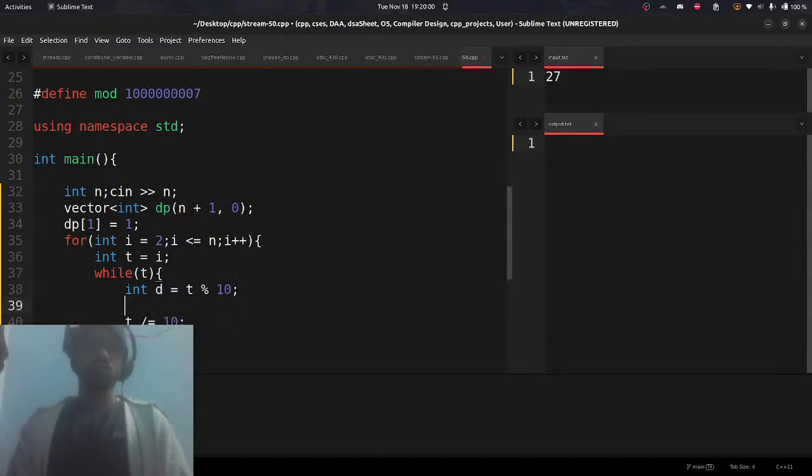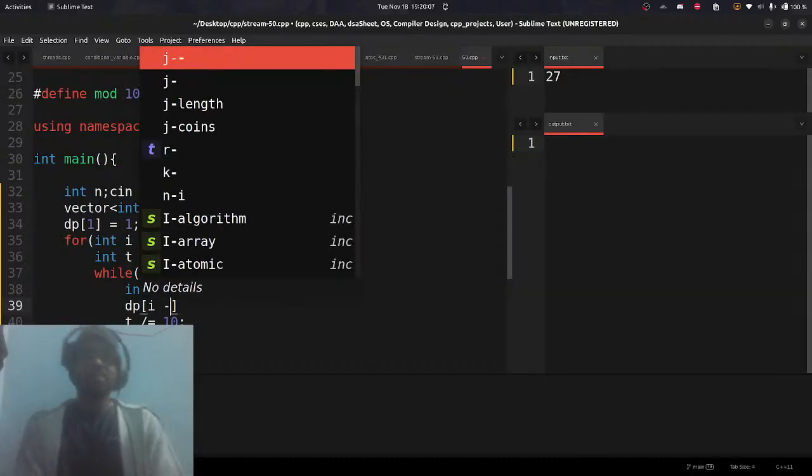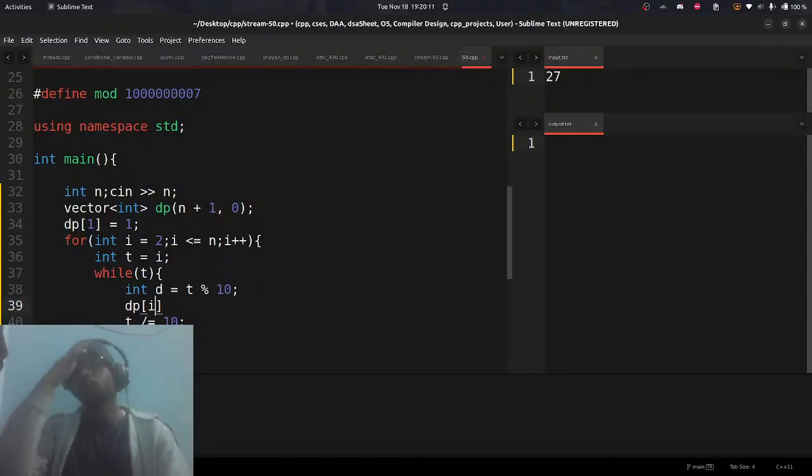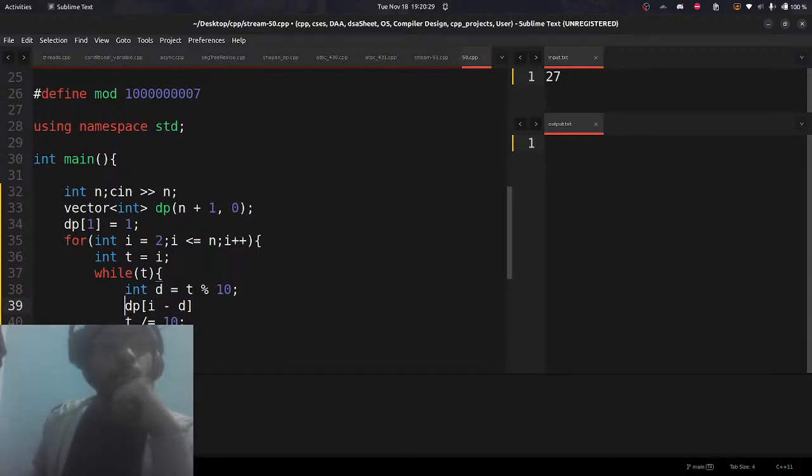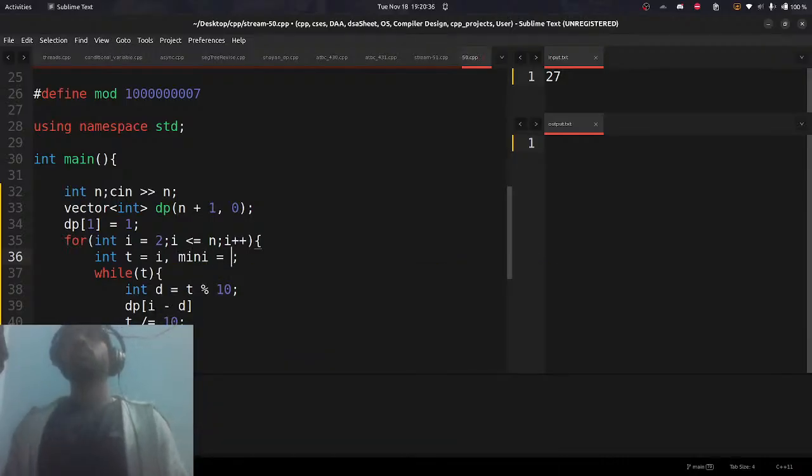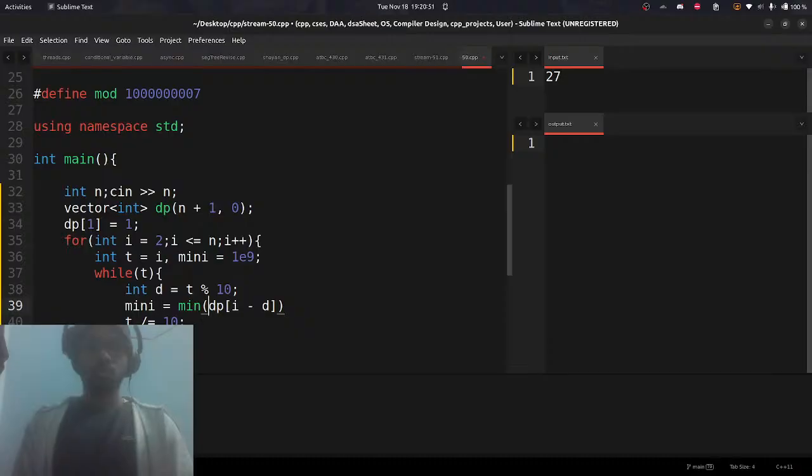Okay, and then we'll just put i minus d in t, and mini is equal to 1e9, the maximum, and dp[i] is equal to mini, and mini is equal to the minimum of this and mini itself.